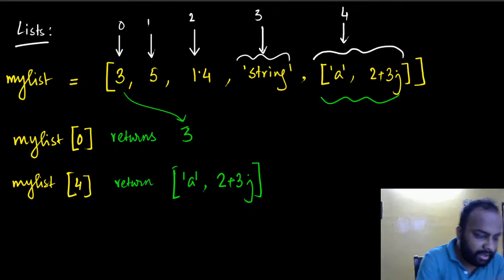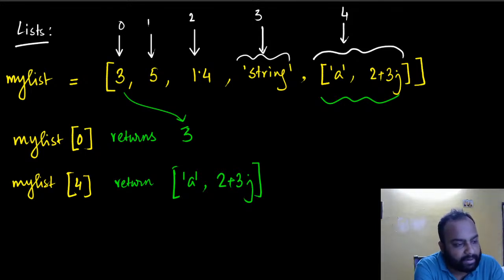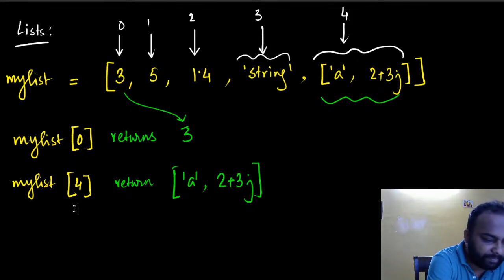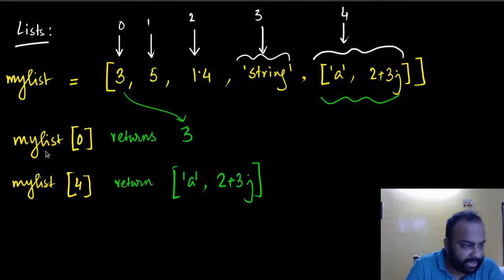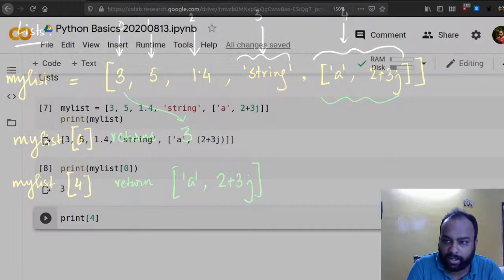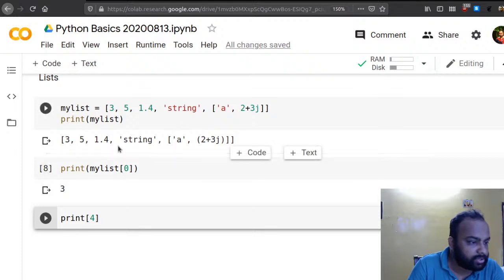If I want to print the 0th element of my list, I print my list 0, and as you can see, this is the 0th element, which returns 3. Similarly, if I print the 4th element of my list, this is the 0th, first, second, third, and fourth element. Sorry, I did not change the screen.